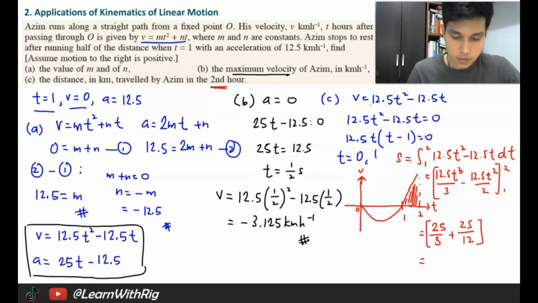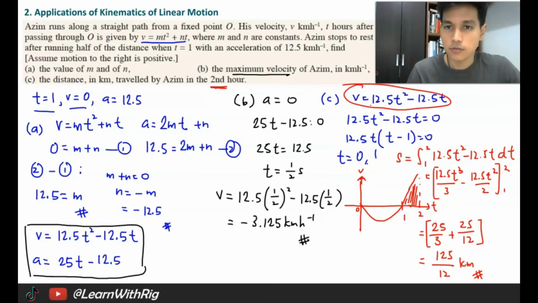When you add them together, you will get 125 over 12 km. So this is your answer. Basically we're using the same thing: we integrate the velocity function to find the distance. Clear?